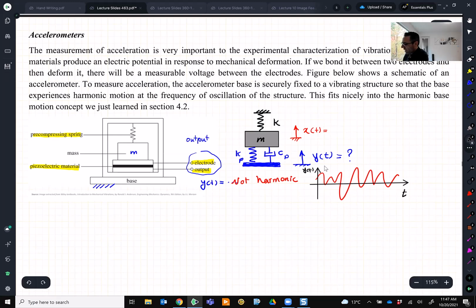The way that people do it is, after they get y(t), they do an FFT, fast Fourier transform. They say this random graph is made out of lots of frequencies, maybe a small harmonic frequency, a bigger one, and different amplitudes, of course.